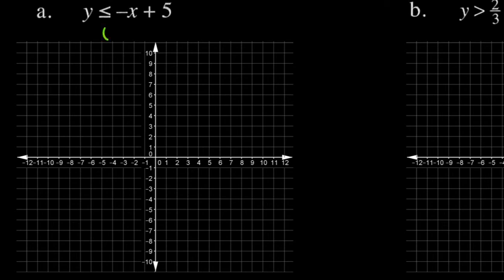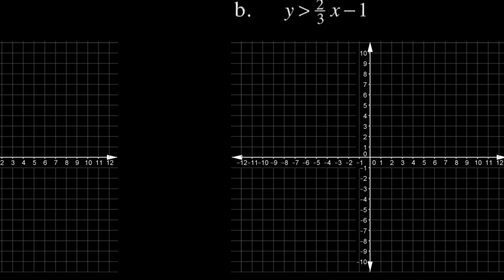So right here, when I've got less than or equal to, this indicates that my boundary line is going to be a solid boundary. Over here on B, this is not or equal to, this is just strictly greater than, so this is going to be a dashed boundary line.